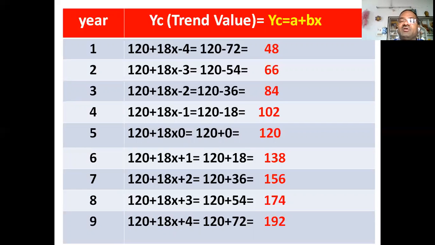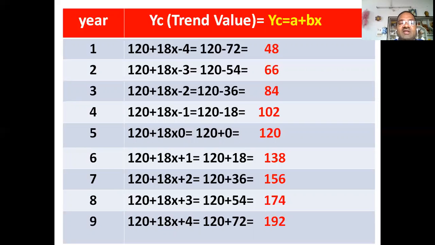That is the beauty of the least square method: in a linear least square, the same change can be registered and identified. So 48 to 66, an 18 increase. 66 to 84 is also an 18 increase. So for the rest of the years, every year it will increase by 18 only. So look at these things.